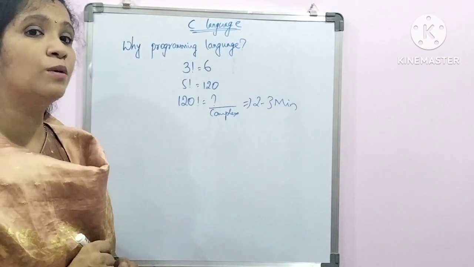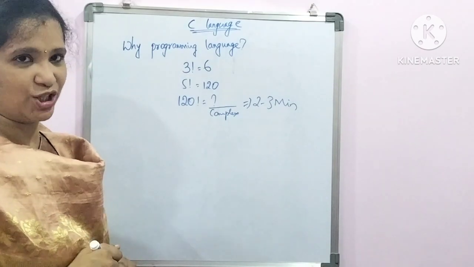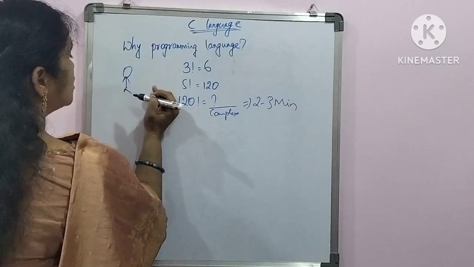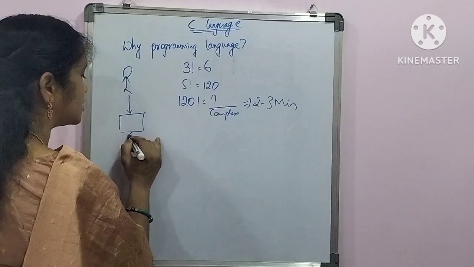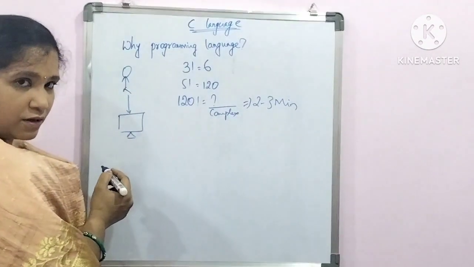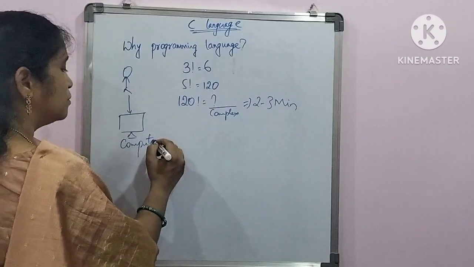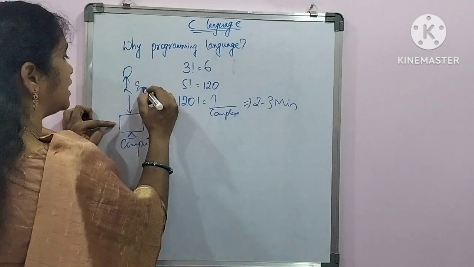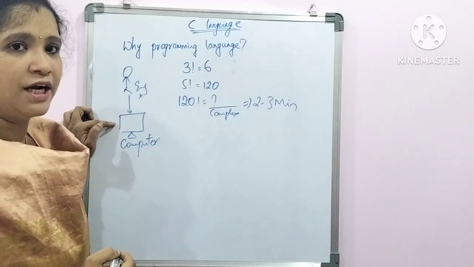So how are we going to assign this task to an electronic gadget? Humans need to pass instructions to a computer. But the computer cannot understand English or Telugu.